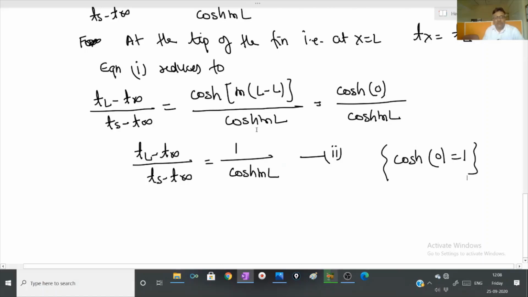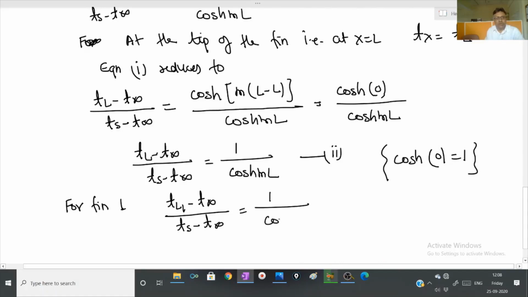Now let us write down this temperature distribution for fin 1. So for fin 1, it becomes (T_L1 − T∞)/(Ts − T∞) = 1/cosh(m1 L1).